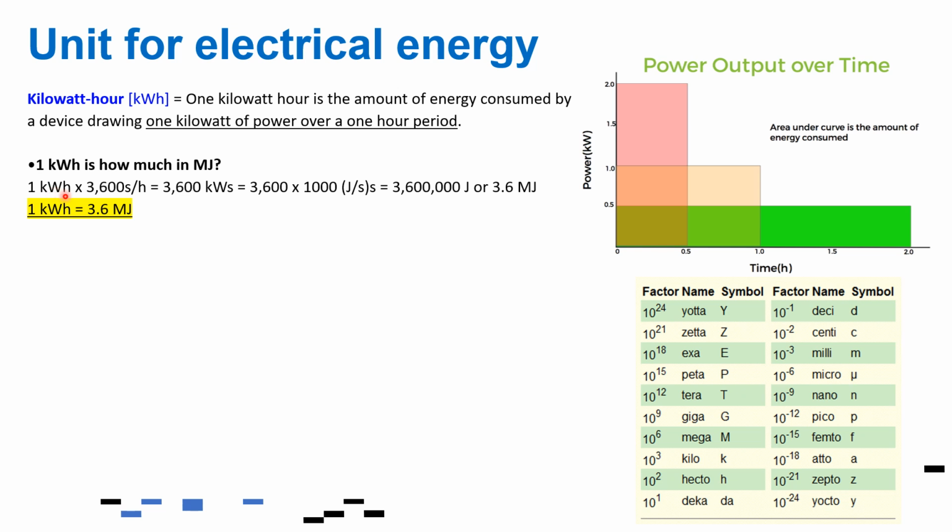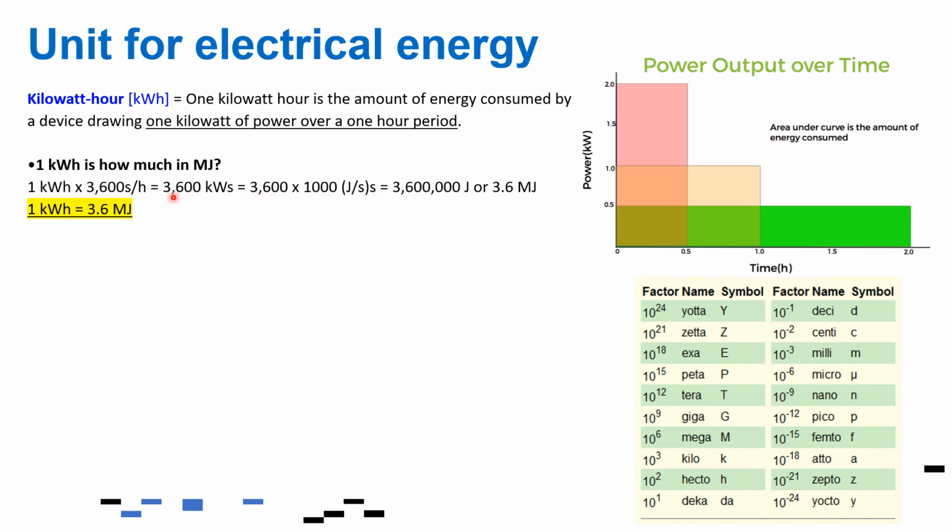An hour is 3,600 seconds, so we can cancel hour now. So we have 3,600 kilowatt seconds. Since a kilowatt is 1,000 watts, which is joules per second, it becomes 1,000 joules per second times second.